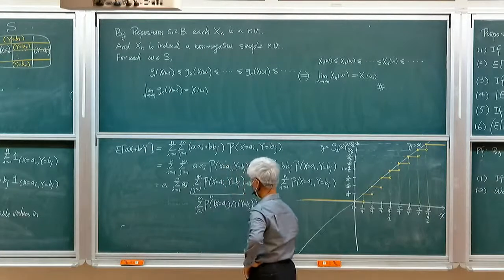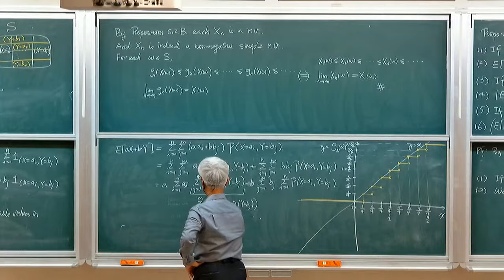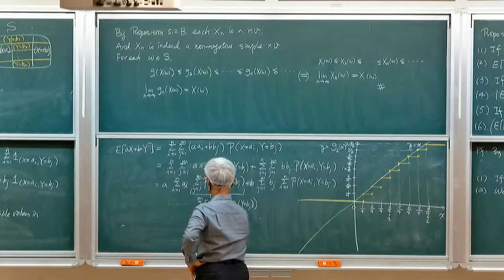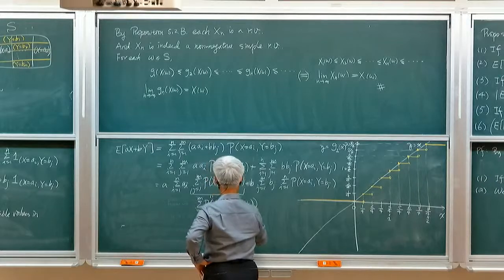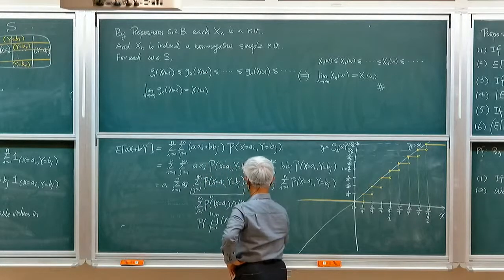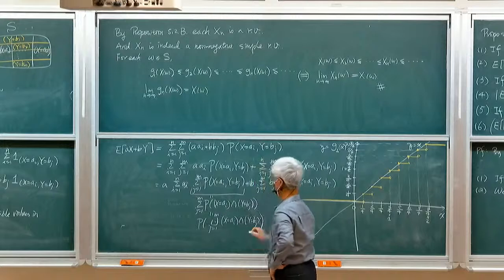And this is the probability of the disjoint union of x equal to ai intersect y equal to bj.